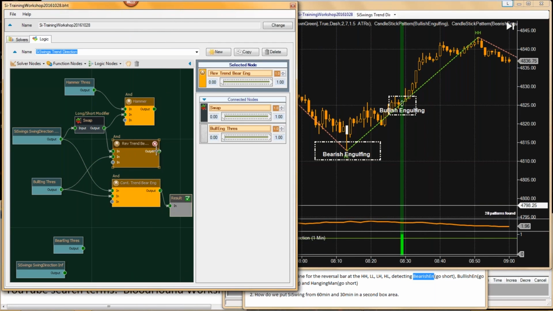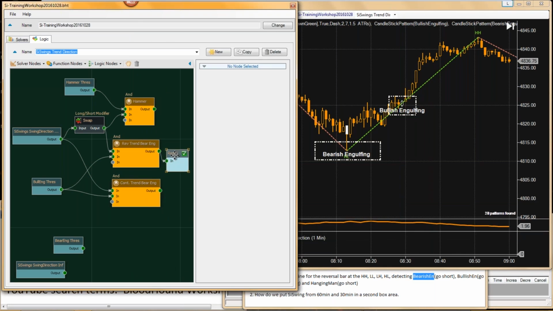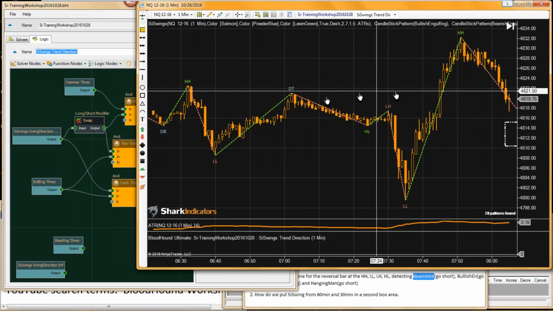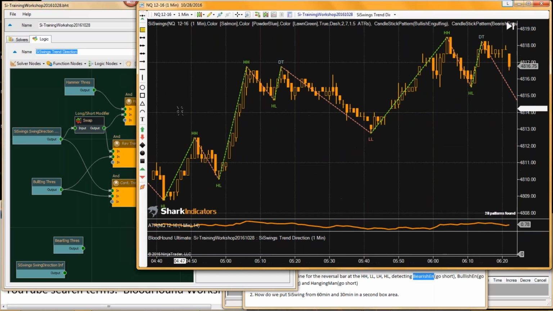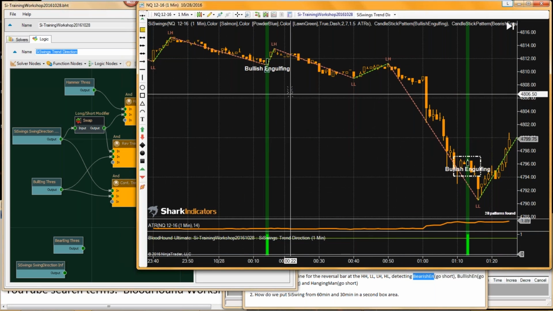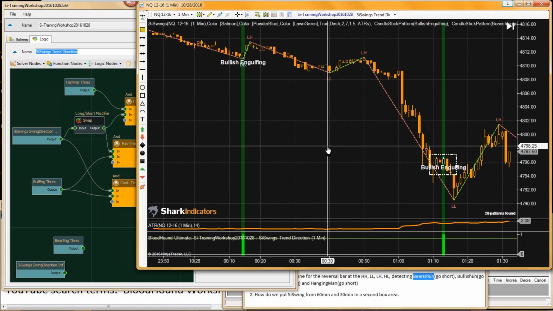And if we're looking for a reversal trend pattern, let's see if I can find one. Yeah, there we go. There's a couple of reversal trend bullish engulfing patterns.